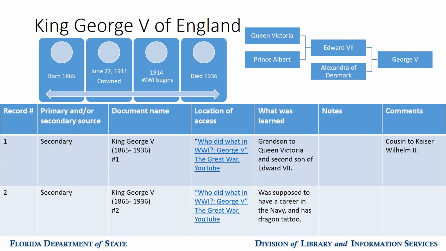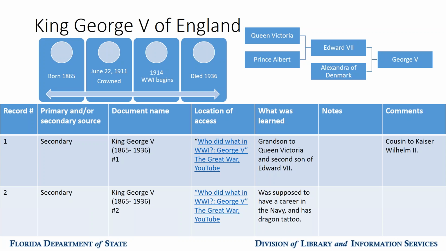Next, we're going to look at King George V of England for this. And we get his brief timeline once again. We get to look at his connection to Queen Victoria, which is a snapshot of the important genealogy parts, and his familiar relations.